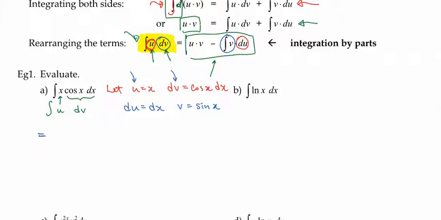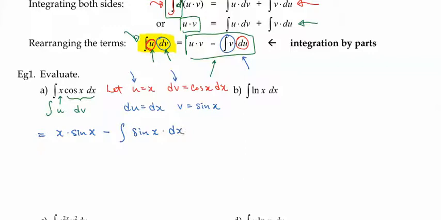Once we've obtained the u, the v, the du, and the dv, we can now make use of the formula from above, and have u times v minus the integration of v times du.